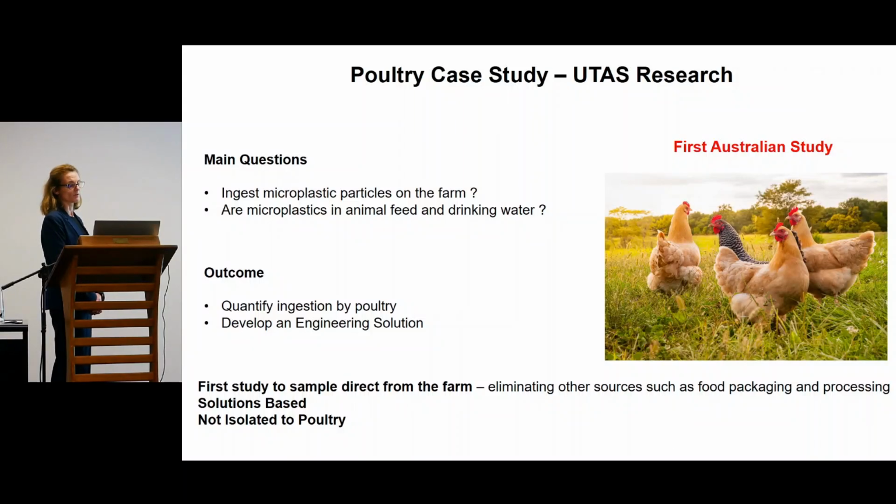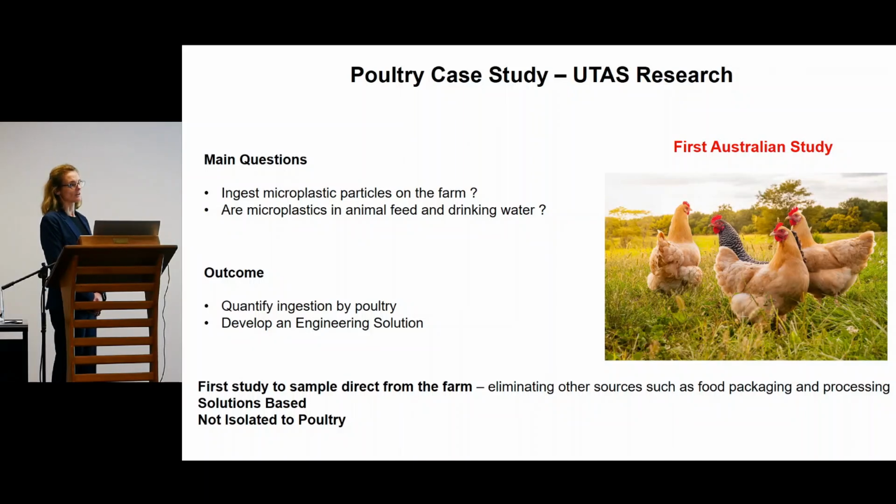So the outcome of my research is to quantify the ingestion by poultry, and then develop an engineering solution for reducing the ingestion by poultry, and then ultimately reducing ingestion by humans.